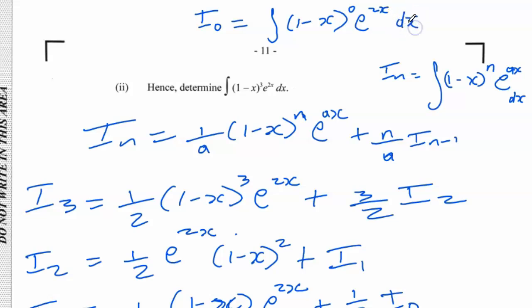So 1 minus x to the power 0 is just 1, so all we are integrating is e to the 2x. Integrating e to the 2x gives e to the 2x over 2. So I subscript 0 is half e to the 2x, or e to the 2x over 2.